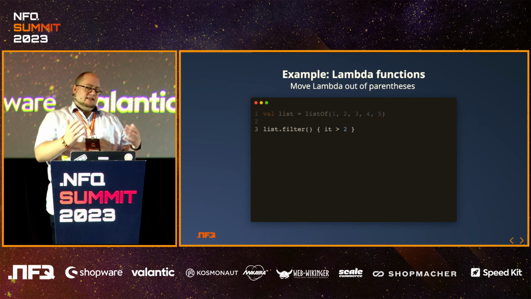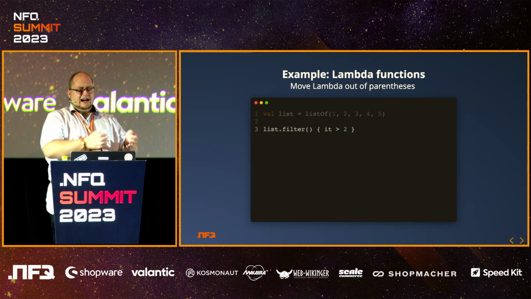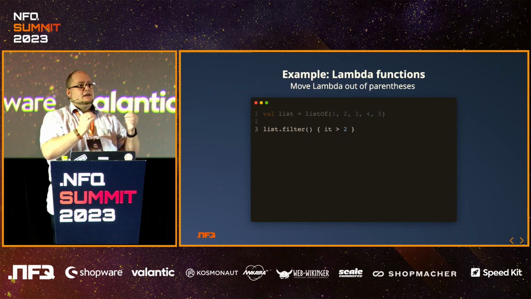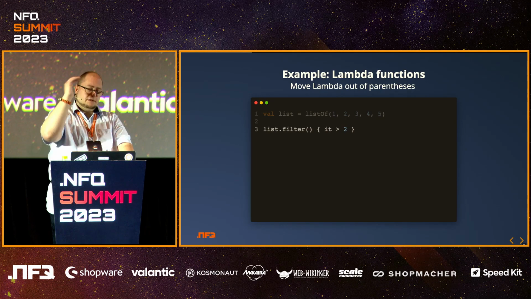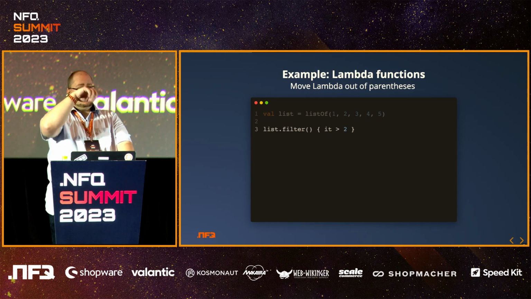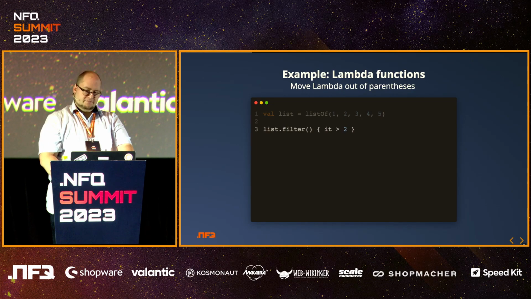If it's the last parameter of this filter function, I can move it out of these parentheses, which makes it a bit more readable. So no closing parentheses after the lambda function, and I don't have to guess where these 5 closing parentheses are coming from.